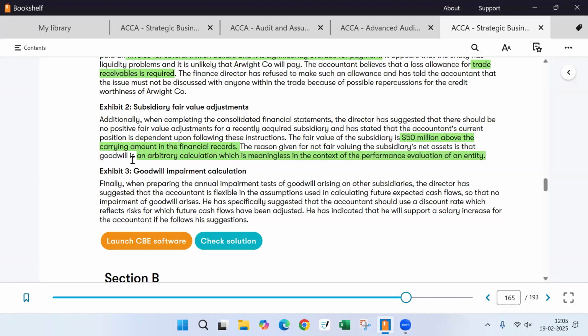Now, what happens if there are fair value adjustments of assets? What should we do? The net assets of the subsidiary will increase, correct? And what will happen to goodwill? If the fair value of the assets increases, the net assets of the subsidiary will increase, so goodwill will reduce, the opposite effect, isn't it? Because net assets increase, goodwill reduces, right?